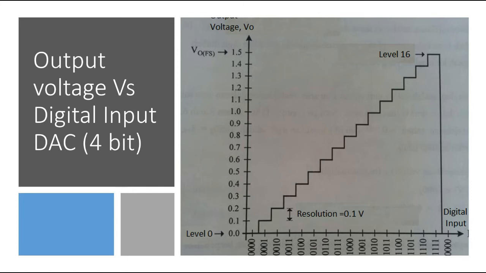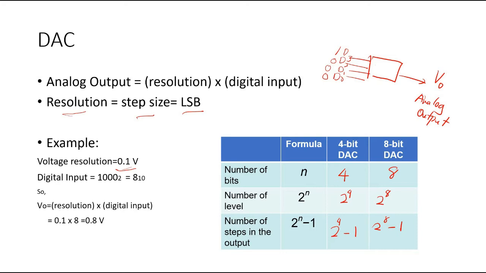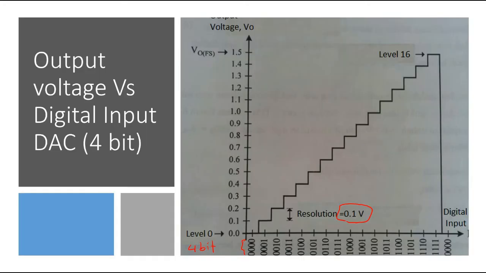Okay, output voltage versus digital input of a DAC for 4 bits. If we look here, we have the resolution 0.1 volt and 4 bits. We studied before, number of levels is 2 power of n, and number of steps in the output is 2 power of n minus 1.